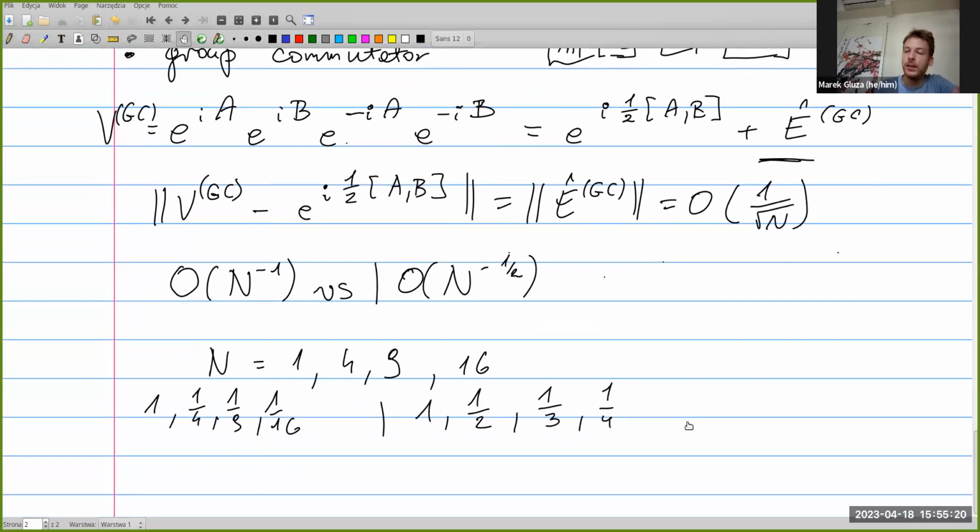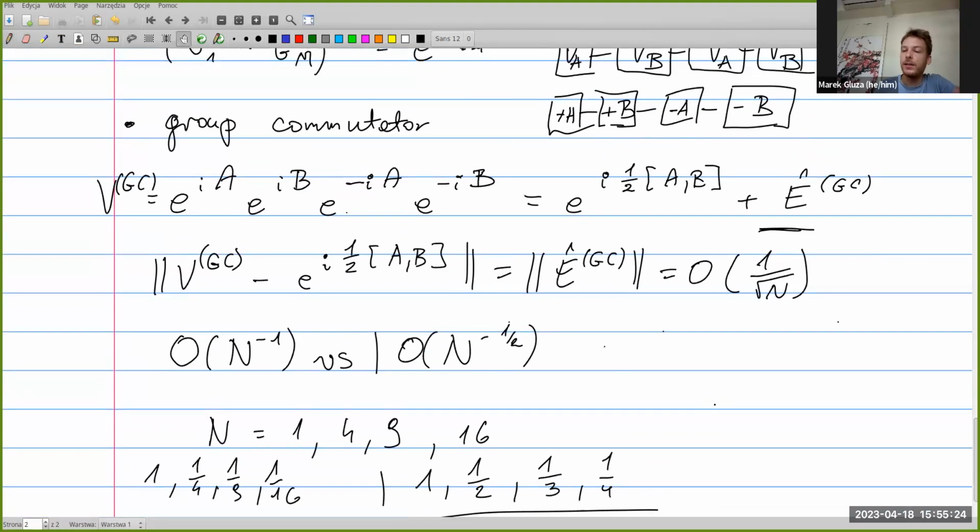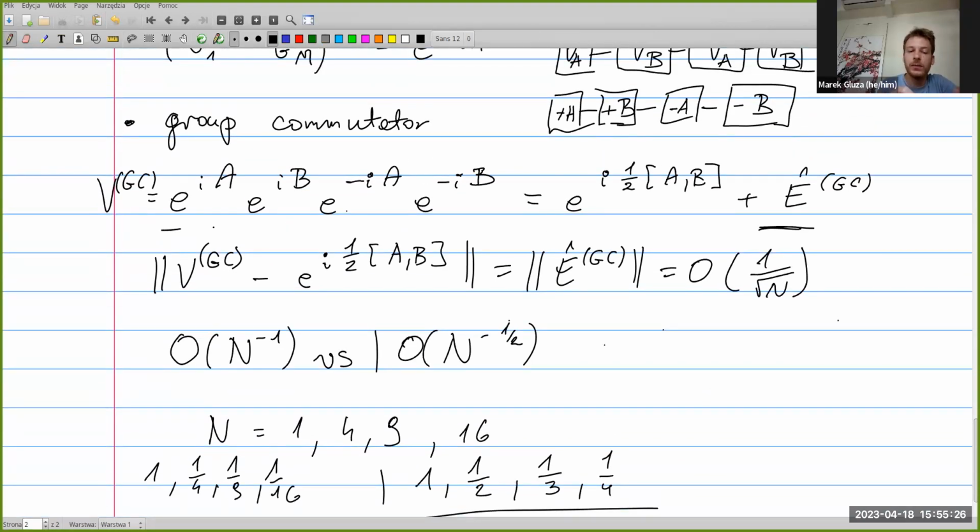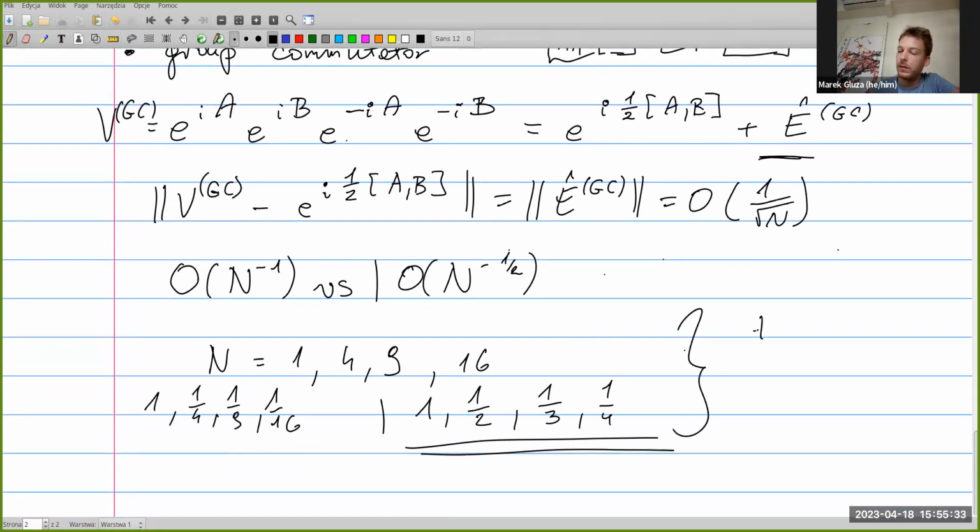Okay, so basically here the error becomes larger. And why the error becomes larger is because we have a cancellation. So let's just talk about the cancellation in a moment. So the compiling error is larger because of cancellation.